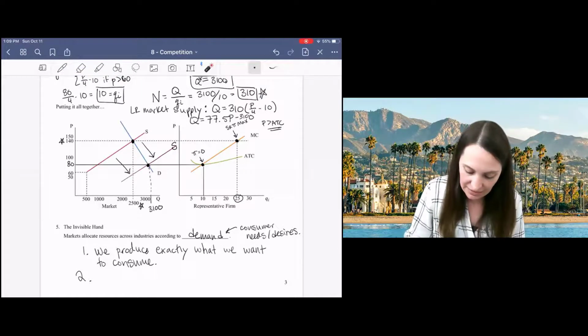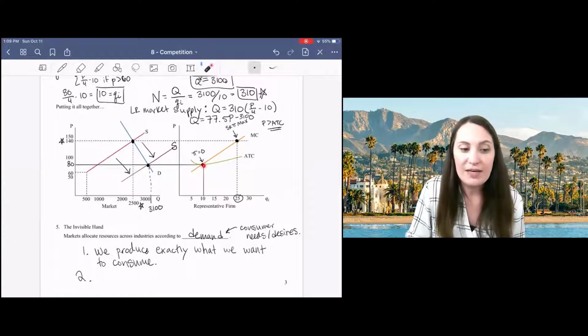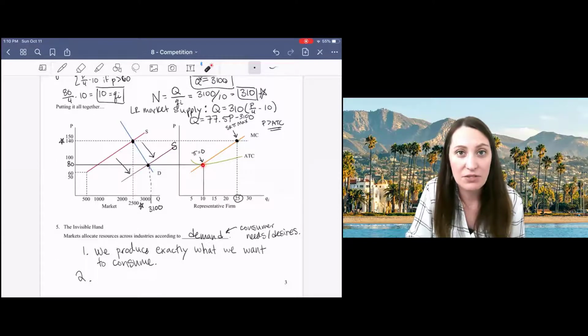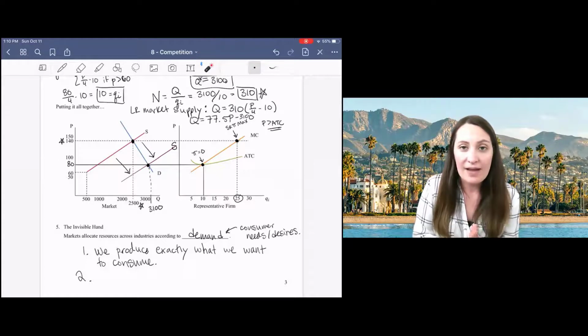You'll notice here that we end up producing at the lowest cost, the minimum average total cost per unit. And so we have exactly the number of firms in the market that results in a level of production that minimizes the cost of production.